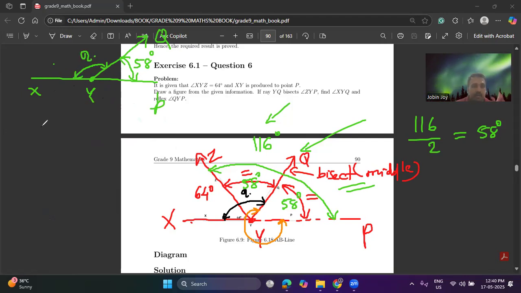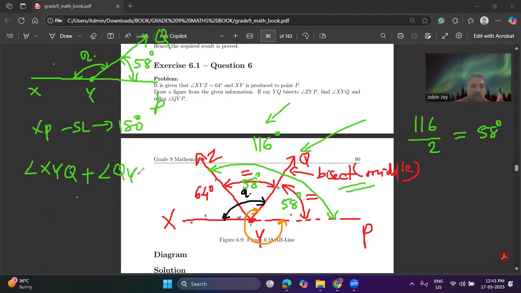So again, XP is a straight line. Straight line means the angle is 180 degrees. So I can write angle XYQ plus angle QYP is equal to 180 degrees because it's a straight line. So angle XYQ plus, what is QYP? We know that it's 58 degrees.